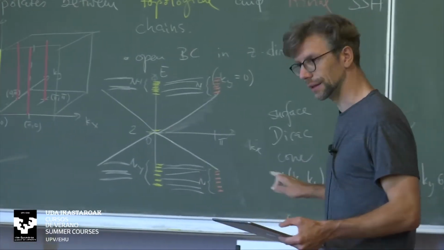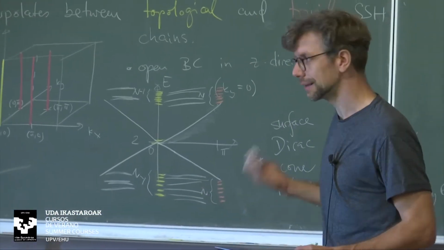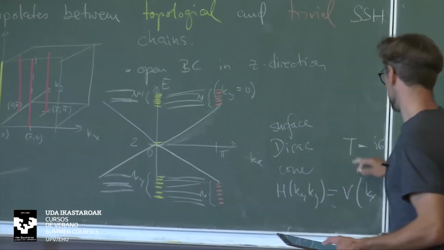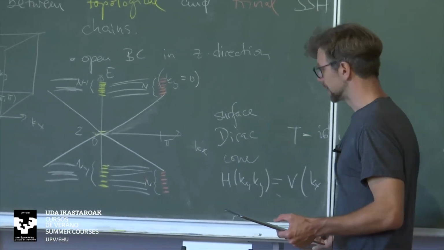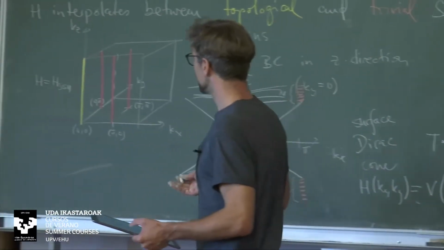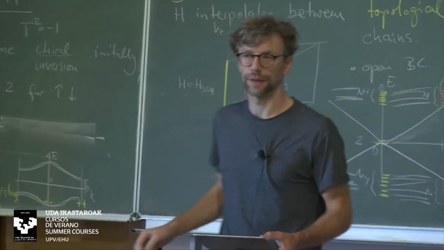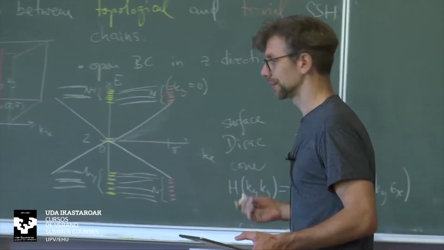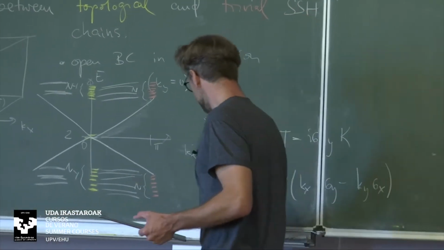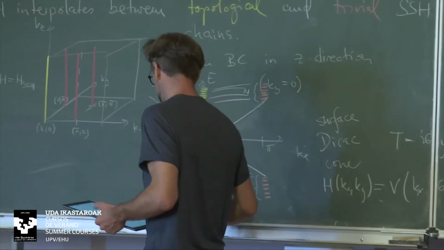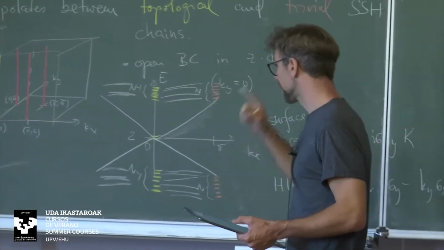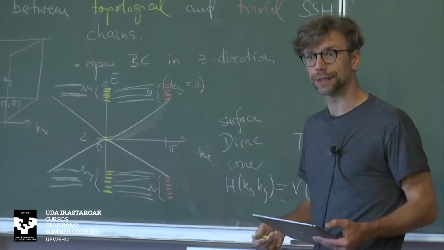So this thing remains massless as long as you preserve time reversal. And so we can basically think of the inversion and the chiral symmetry as just vehicles that we used to get to this state. But it's still convenient because there is a very nice expression for the invariant.